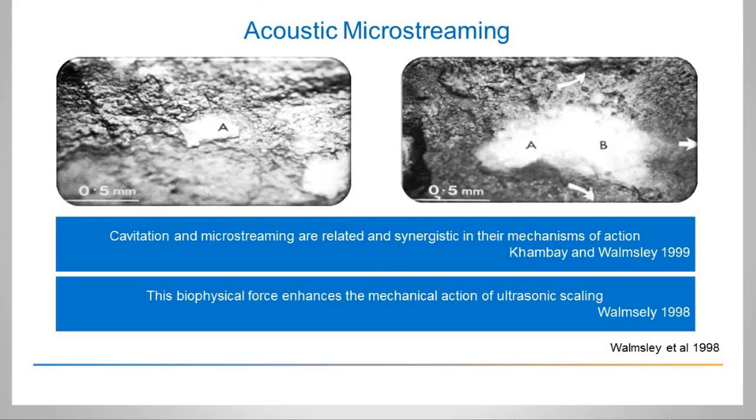And this image shows the surface affected using a dry tip compared to when water is added. So this biophysical force enhances the mechanical action of the ultrasonic scaler, and this was documented by Walmsley in 1998.